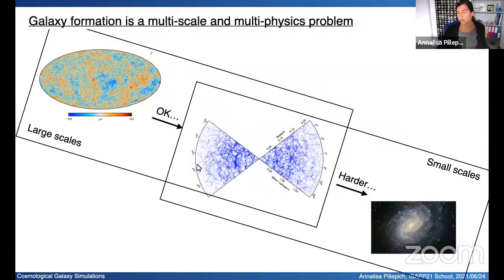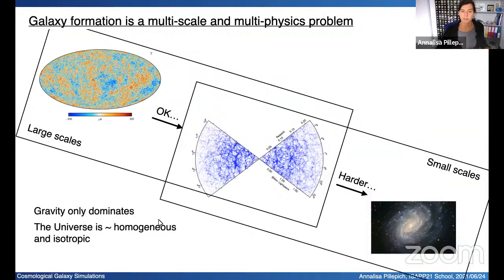But now this is where we stand. We want to also simulate the smaller scales, from large scales to the scales of galaxies and below. The first step has been relatively easy for the last 10 or 20 years, because large scales are dominated just by gravity. And on very large scales, the universe is homogeneous, isotropic, or the deviations from linearity are not too large.